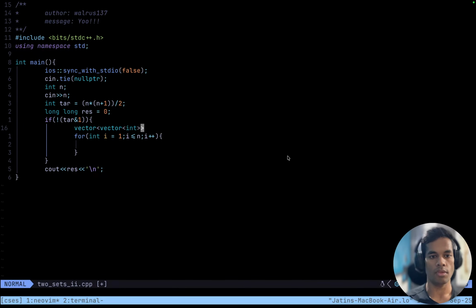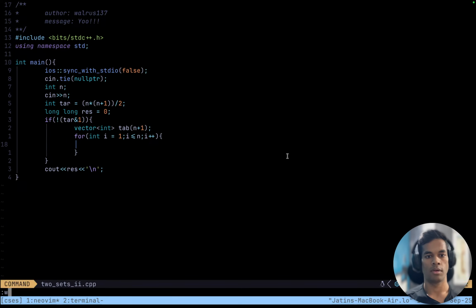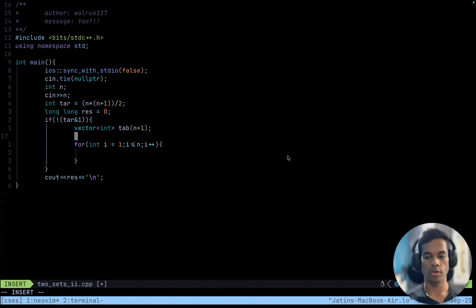So internally, we can use a singular, one-dimensional vector. We will call it table, and it will have n plus 1 elements. Initially we are going to say that answer is true, but we have to find out how many number of ways there are.